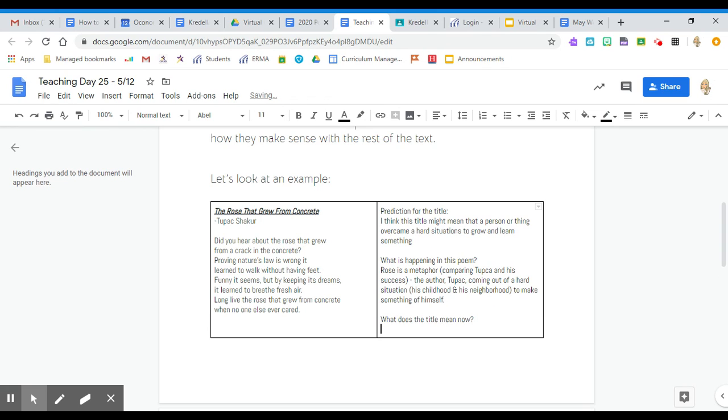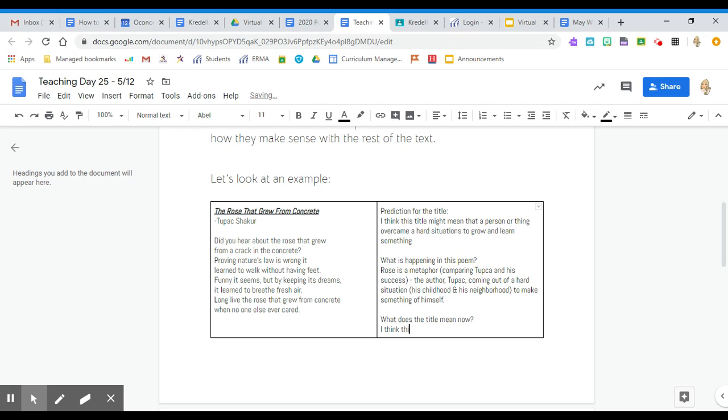So then going back to what does this title mean now? So I think I made a pretty accurate prediction. However, even if you want to change one little thing, that's fine too. So the first time I said I think this title might mean that the person or thing overcame a hard situation to grow and to learn.